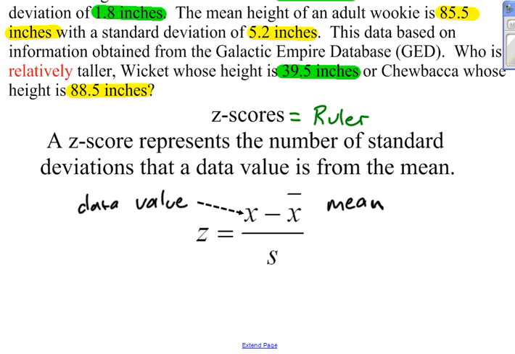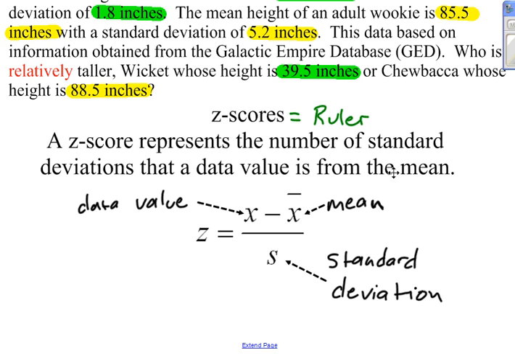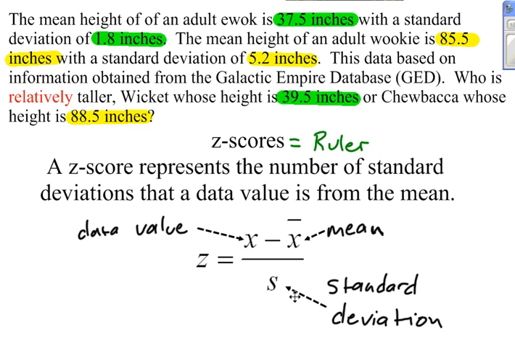And then s, we should remember, is standard deviation. We know all of this information from the data above. So we're going to use the information that we have above in our formula for z-scores to help us figure out which one is relatively taller.